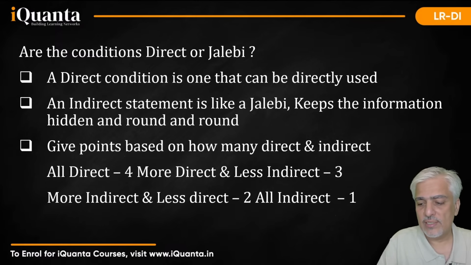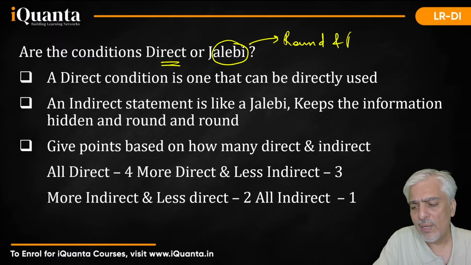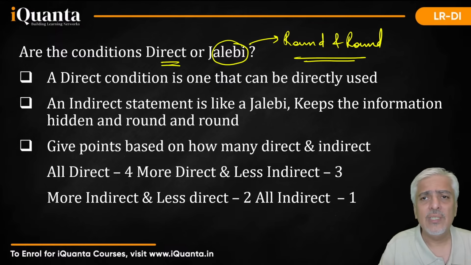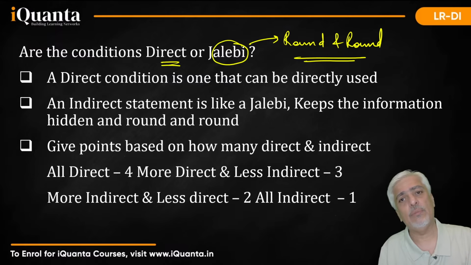How are the conditions? Are the conditions direct or round and round like jalebi? There are a lot of sets I have seen where the information is such that they keep going round and round, you don't feel like leaving it also, but you can't put it in the table also.